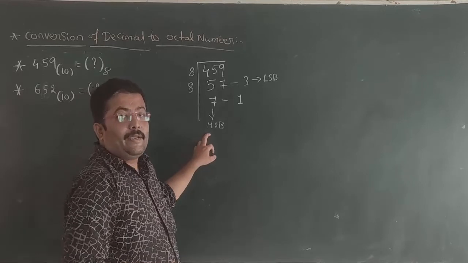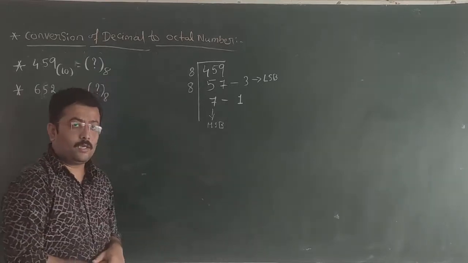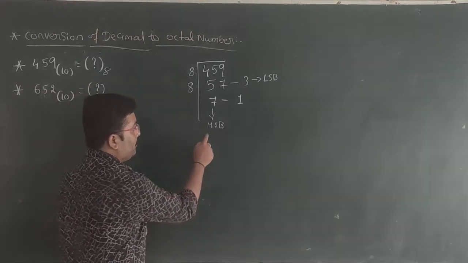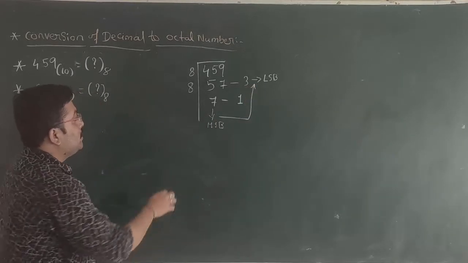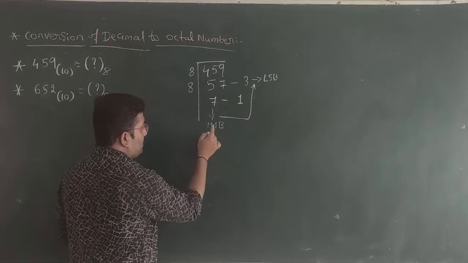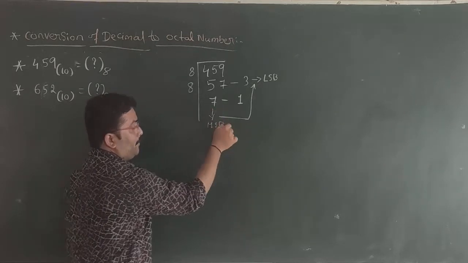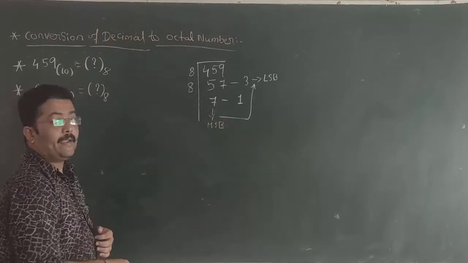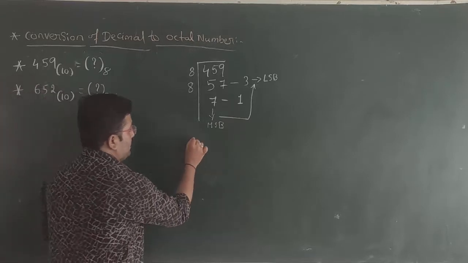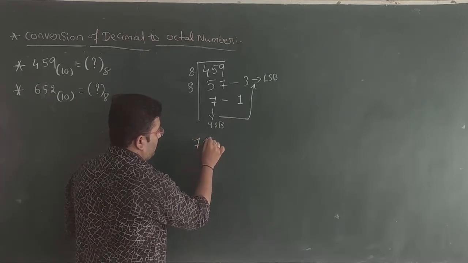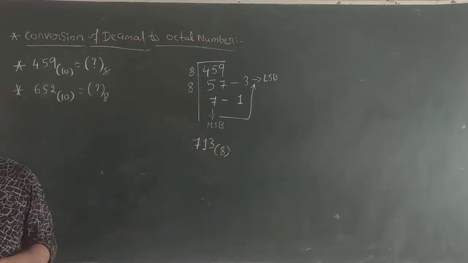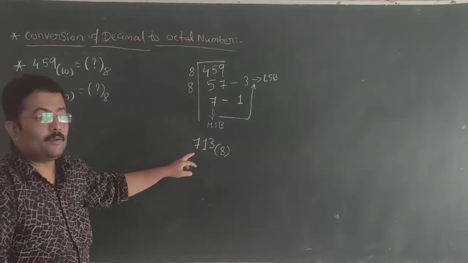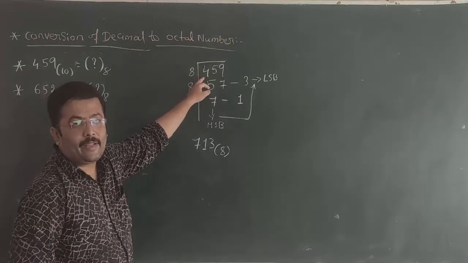So write the equivalent octal number from MSB to LSB. MSB is 7, and from MSB to LSB I should write 7 1 3 to the base 8. This is my equivalent octal number of 459.